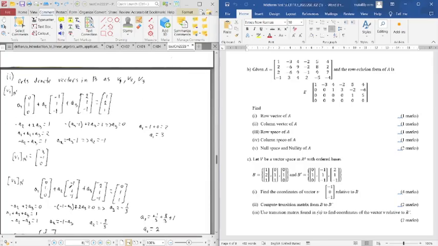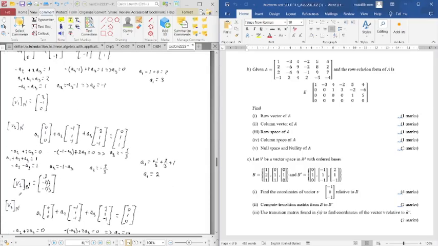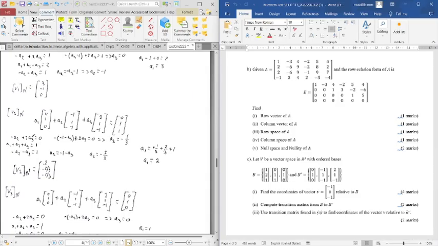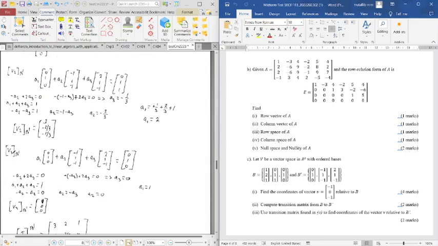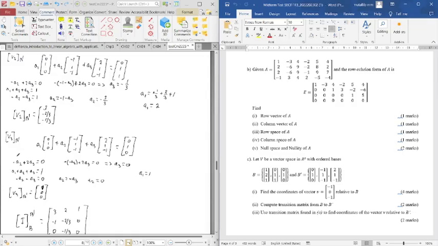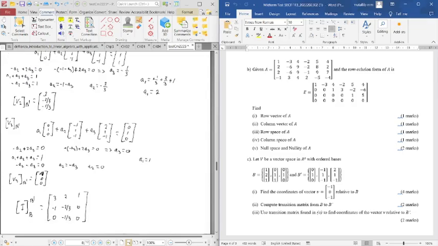We do the same for vector 2 and vector 3. As you can see, A1 times the first vector plus A2 times the second vector plus A3 times the third vector from B prime equals, now that we are on the second vector in B, 0, 1, 1. We calculate and get this answer. We calculate for vector 3 and get this answer: 1, 0, 0.